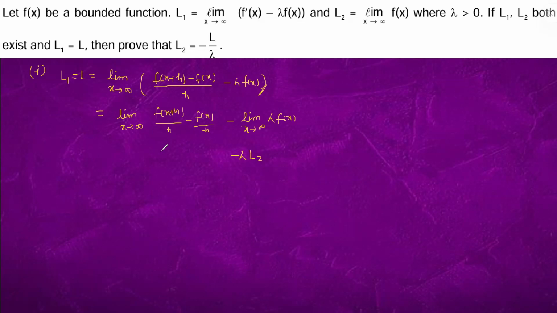And what we will come to know is that when x is tending to infinity, we have some finite term upon 0. Finite term upon 0 when limit x is tending to infinity. So in this case, can we say finite minus finite upon 0 minus lambda L2?